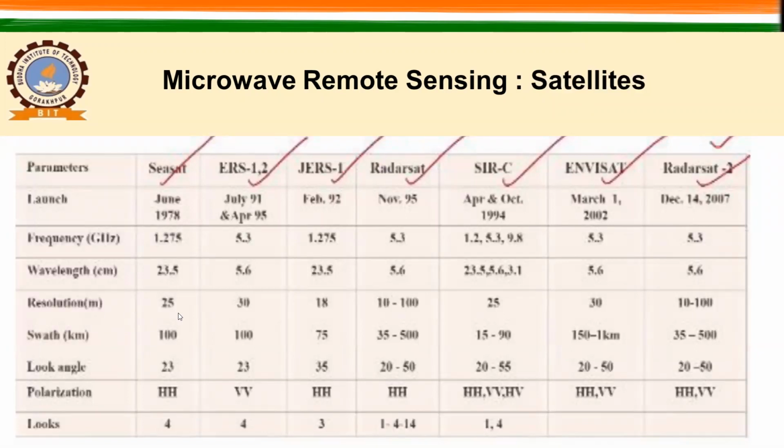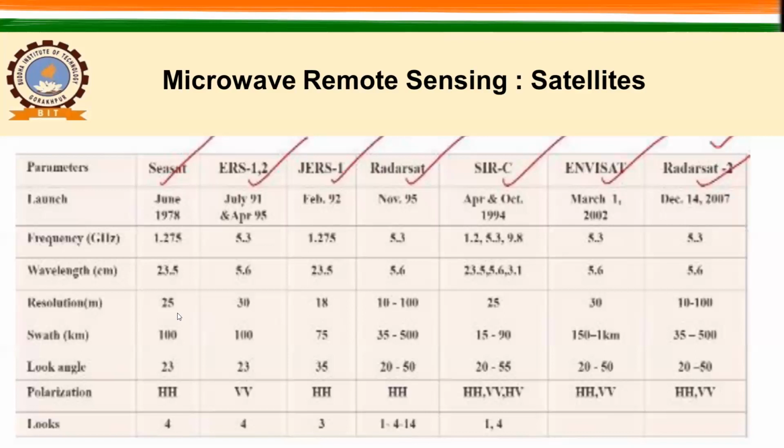So these satellites are available in space, and the data sets are also available, some of them are paid and some are free. Some of them are freely available. So in case you want any data set or maybe the recent launch data set, you have to contact space agencies, and if it is freely available, you can directly download them. If it is paid, then you have to do the formalities.